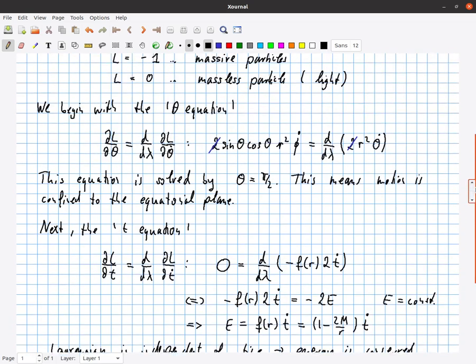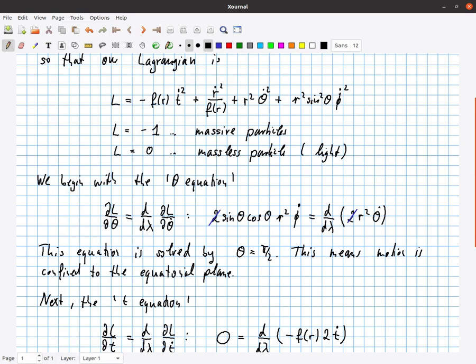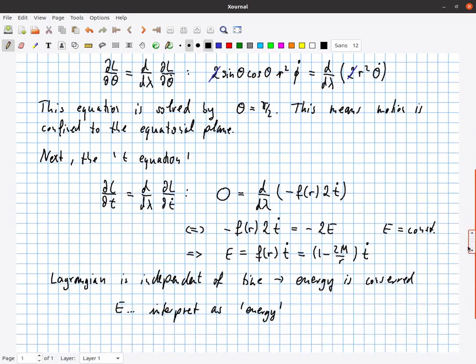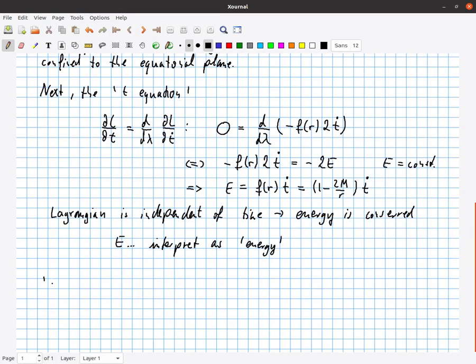Now we look at the phi equation, where something similar will happen because nothing here is a function of phi. It only depends on phi dot. Phi equation, very similar approach. dL d phi equals d over d lambda dL d phi dot. The left hand side is again 0. Our right hand side is d over d lambda.